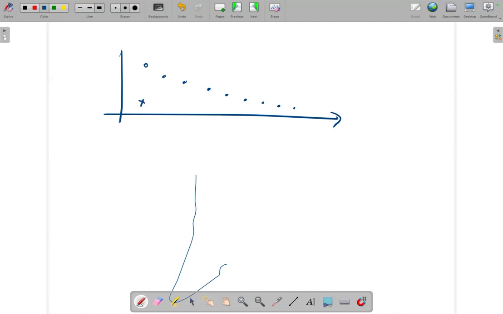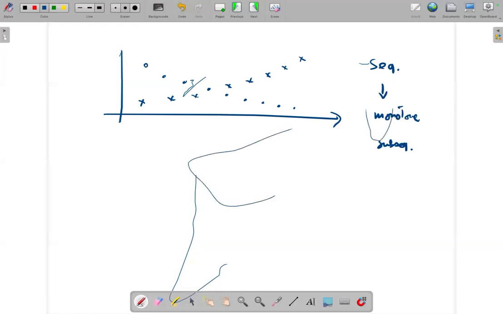I may have an increasing one. So in both the cases, my sequence has a monotone subsequence. The sequence itself is monotone, so the subsequence is the sequence itself.